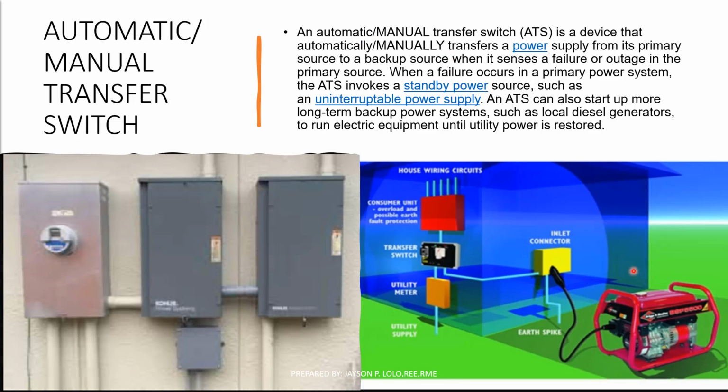When the main source, which is connected to the utility, trips off or has a brownout or a blackout, the transfer switch will automatically turn on the generator to provide power to the establishment. An ATS or MTS can also start up more long-term backup power systems such as local diesel generators to run electric equipment until utility power is restored.